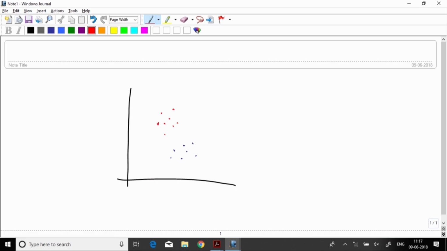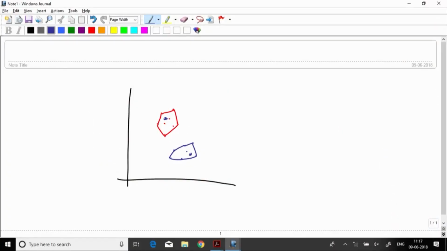So this is the convex hull for this training sample, and this is the convex hull for this training sample. These are the kind of boundary points of this sample set.